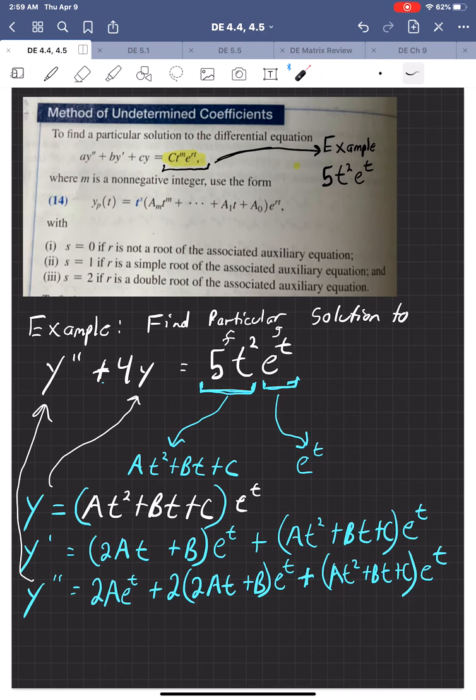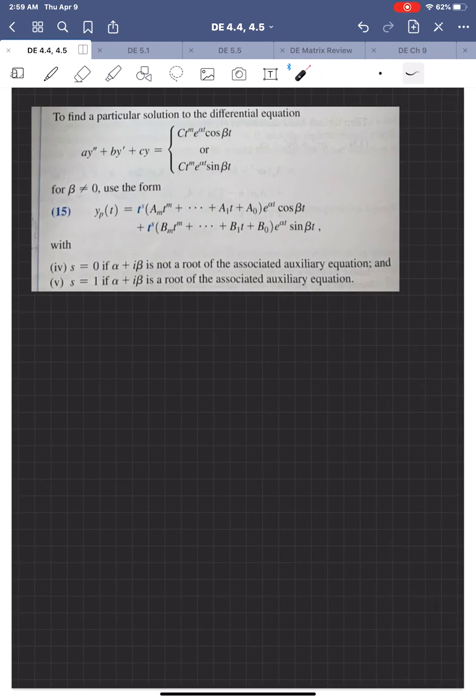Now the good news is, when it comes to your particular solutions, I'm not going to work one where you have a mix, where you see t to the m times e to the alpha t times cosine beta t. I want you to understand that you just have multiple factors here, right? Each factor would have to be set up just like we did on the previous page.